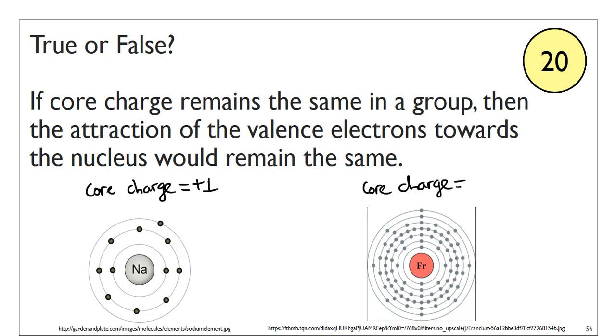So both cases have the same core charge, and the only difference is the number of electron shells. Having more electron shells increases the distance between the nucleus and the valence electron, and that would decrease the attractive force between them.